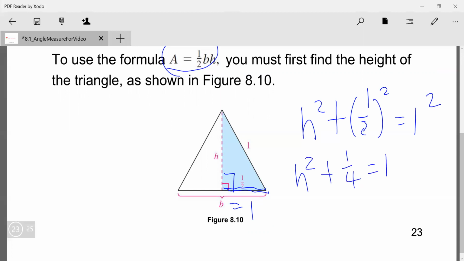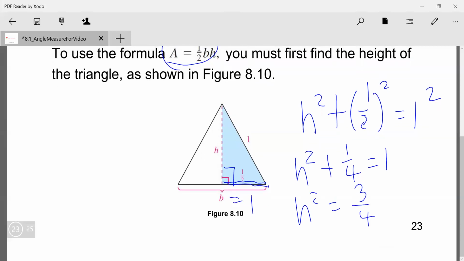Subtract 1/4 from both sides. h squared is 3/4. And so h will be the square root of 3/4. Since h is positive, we take only the positive square root. Let's simplify that.